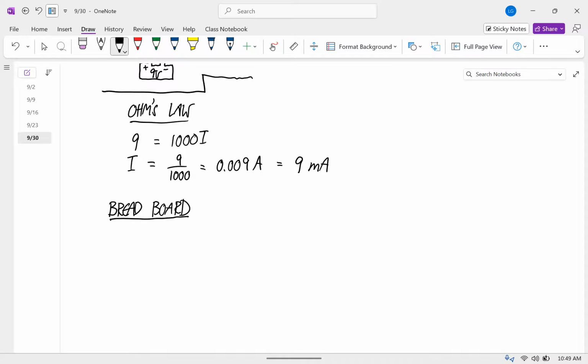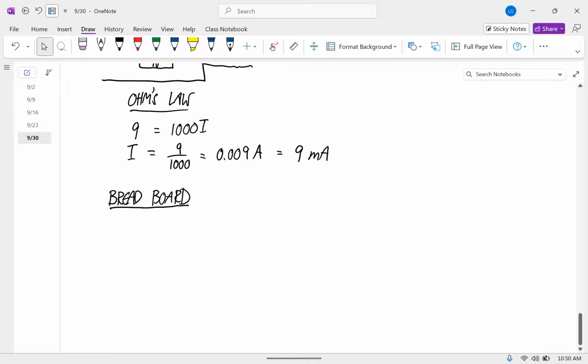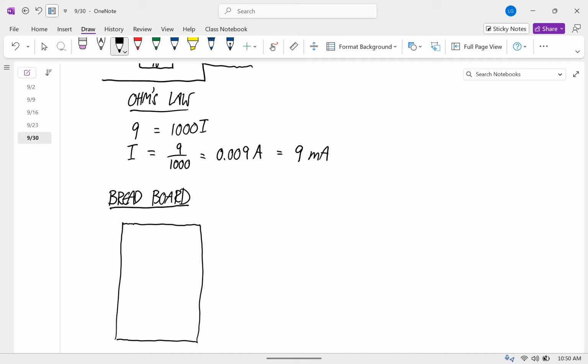And it's just an easy way to wire things together. So it'll look something like this. And there on each side are going to be 2 rows of holes. Columns, I guess, not rows.